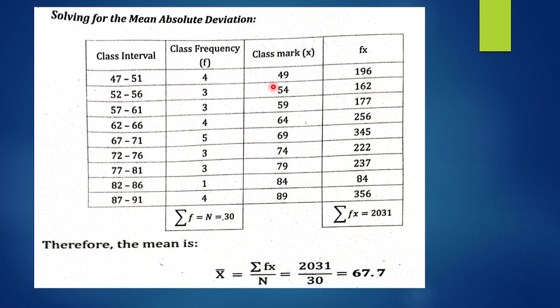If you're dealing with the same problem, I suggest you keep using the same table, instead of separate ones: class interval, class frequency, then less than cumulative frequency, then the class mark, then f of x, so you use just one table. But for now, just to answer the mean absolute deviation, we show four columns.